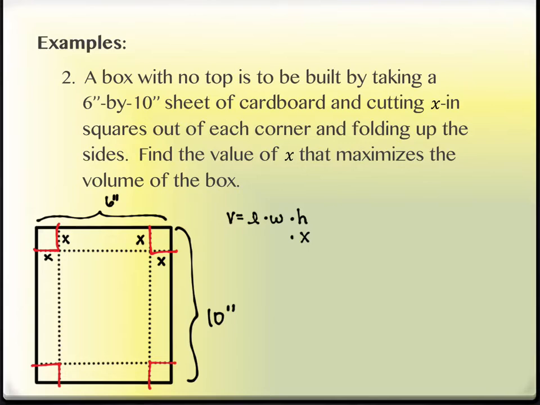Let's talk about the width, because I marked it on the top part first, 6 inches. It started out with a width of 6 inches, but then I've cut out some of that width. In fact, the width that we're talking about is actually this piece right here. So what would the width be, given that I started with 6 inches across? 6 minus 2x, right? I subtract an x off from the left, I subtract an x off from the right. So my width is 6 minus 2x.